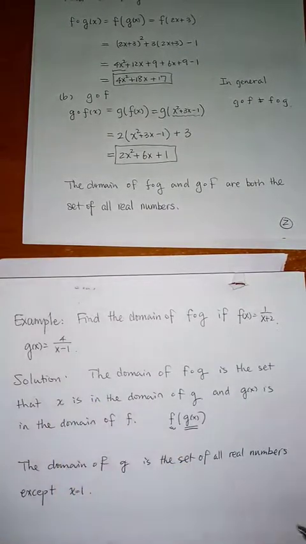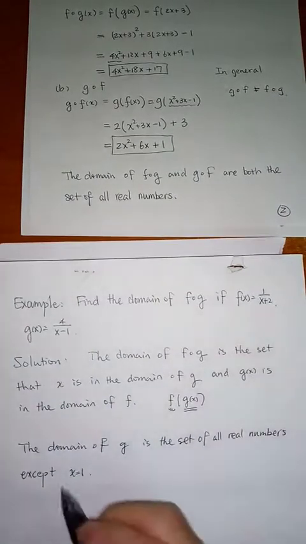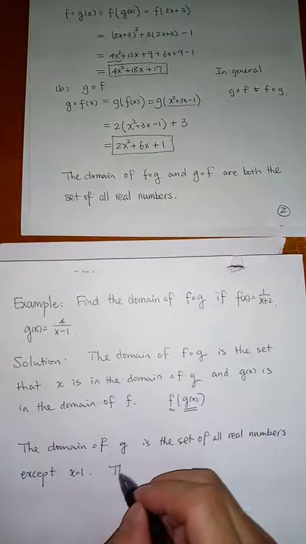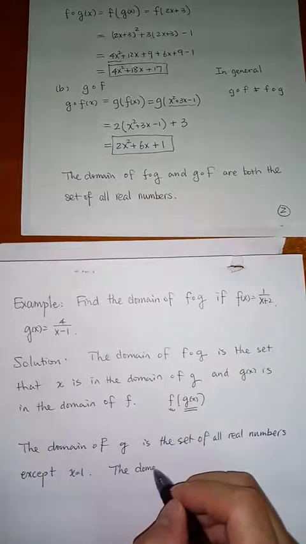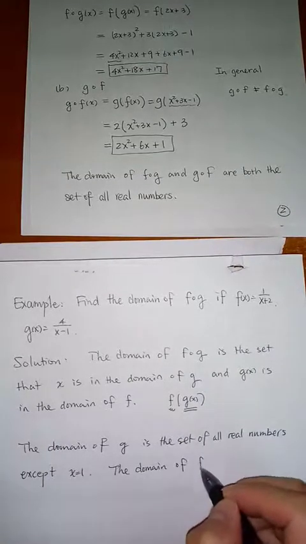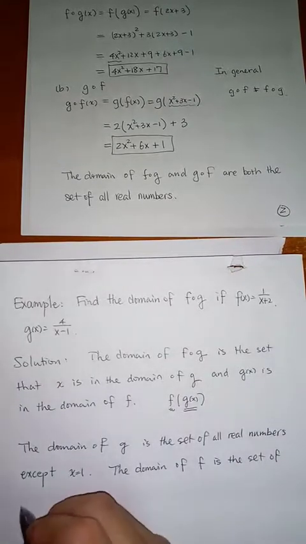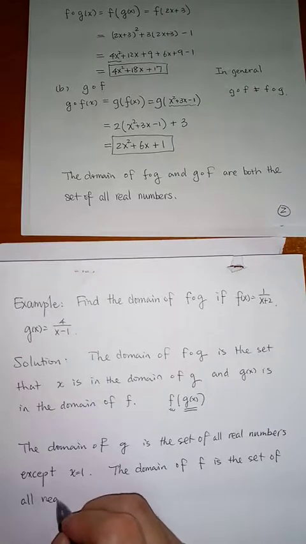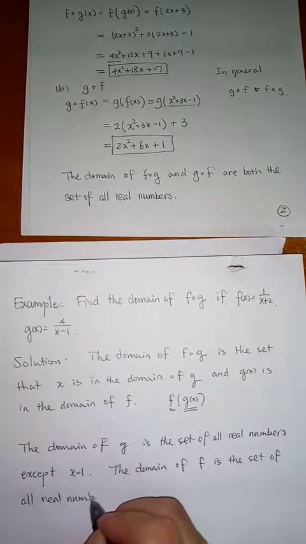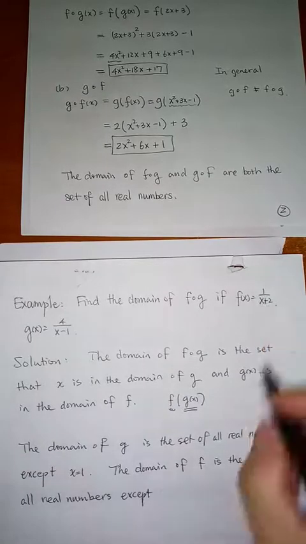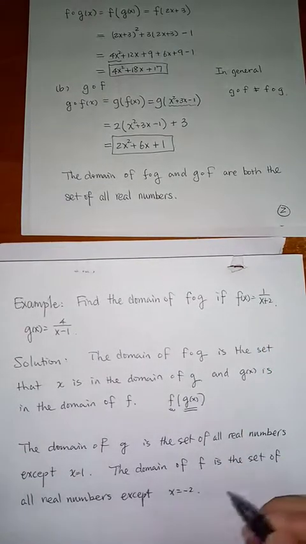If x is 1, you get a 0 denominator. And the domain of f is the set of all real numbers except x equal to -2.